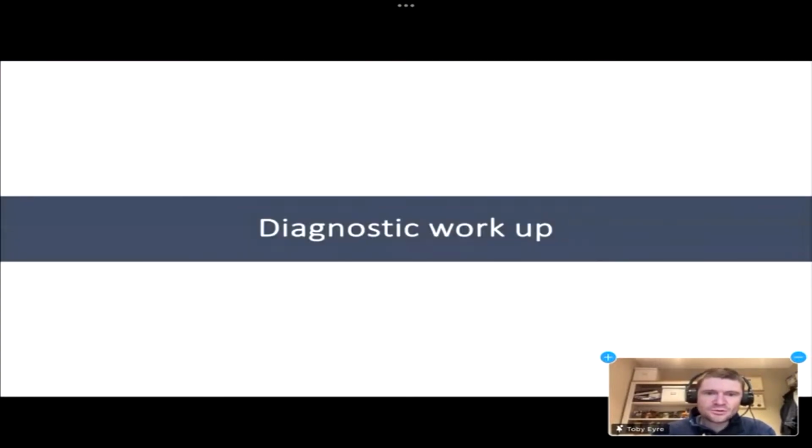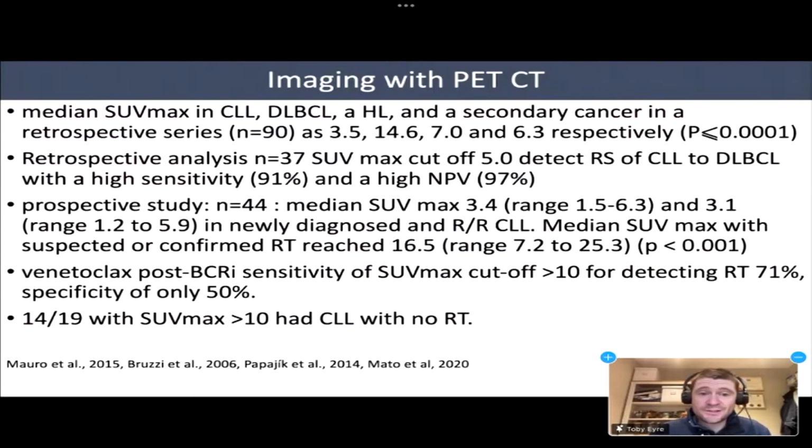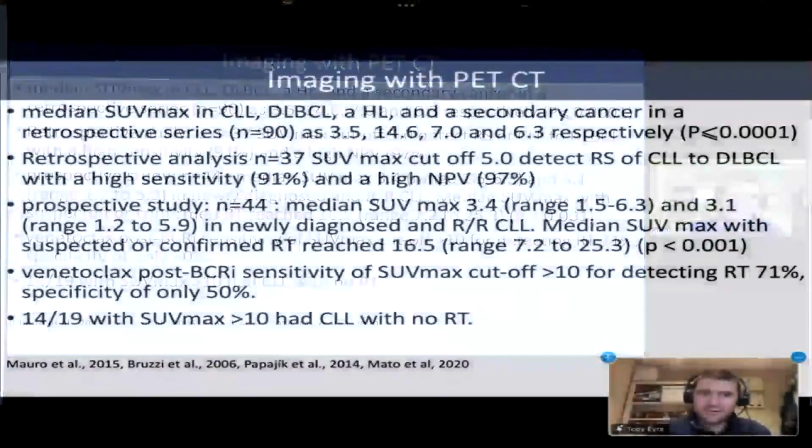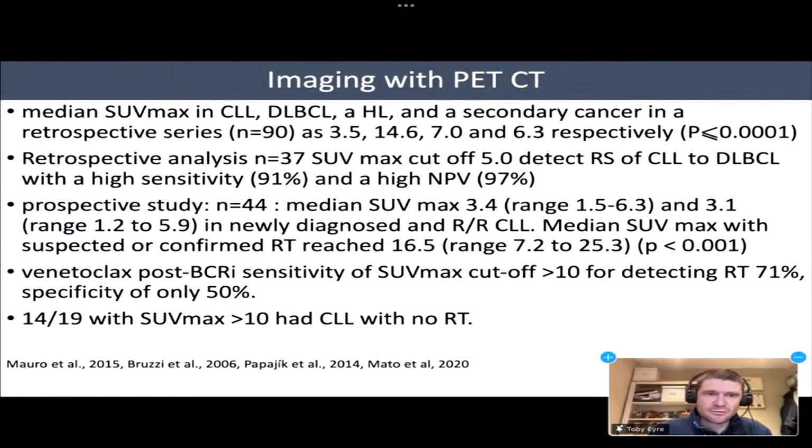So what do you do around the diagnostic workup? Well, the first thing is just a few words about PET scans. PET scans can be useful in patients with Richter transformation for a couple of reasons. Firstly, if you've got somebody who you don't think has Richters and you do a scan for whatever reason, and their SUV is generally less than 5, although in some series less than 10, but generally speaking less than 5, then that actually has a very high negative predictive value for Richters.